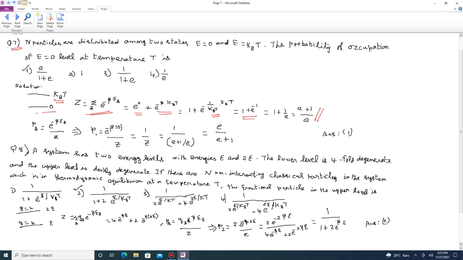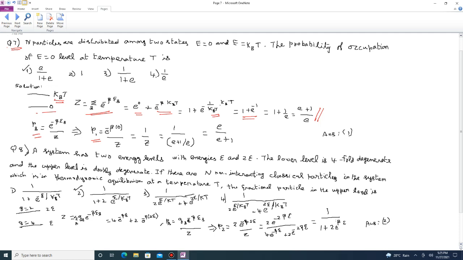Now let us calculate Ps. You are asked to find P1, because it is the probability of occupation of energy E equal to 0. So you are asked to find P1 alone.